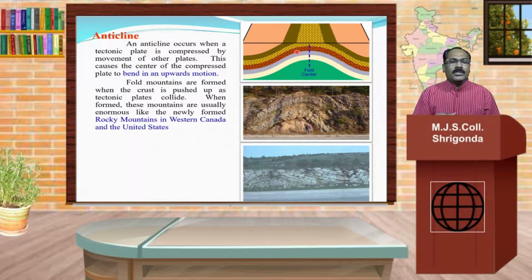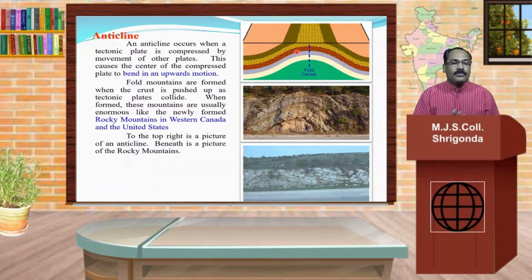Fold mountains are formed when the crust is pushed up as tectonic plates collide. When formed, these mountains are usually enormous, like the newly formed Rocky Mountains in Western Canada and the United States.